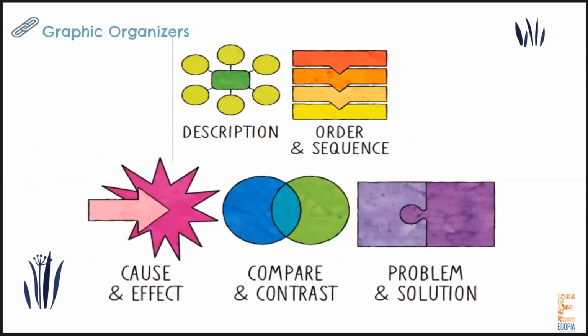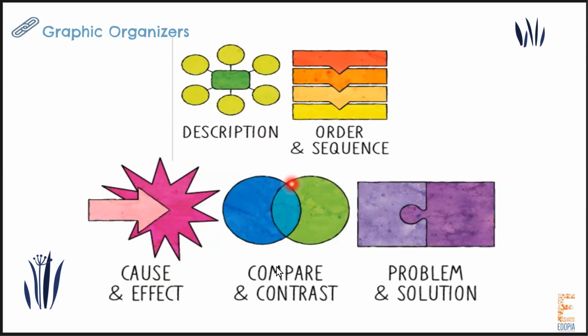Now moving on, these are the different organizers. If you have this in your mind, it is easier for you to understand the different text, and you can use these different organizers to label each example of the text with the correct organizational structure. Description, here you will have your main topic with its details. For sequence, the order is followed step by step. Cause and effect, a cause results in an effect of something.